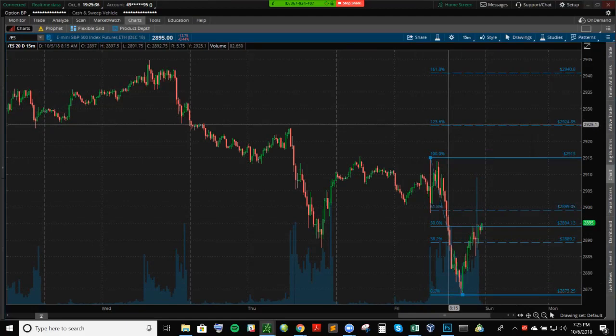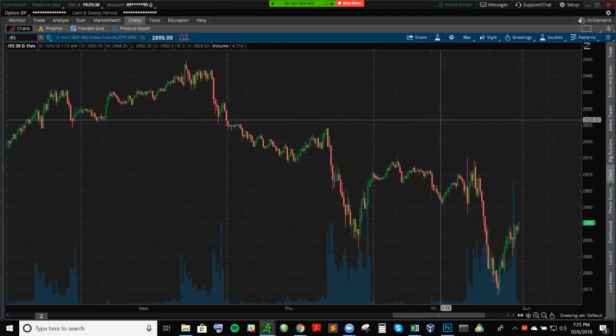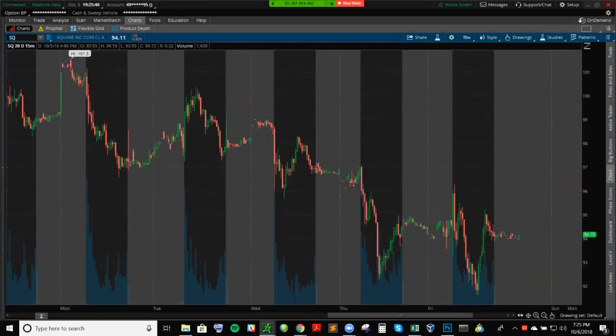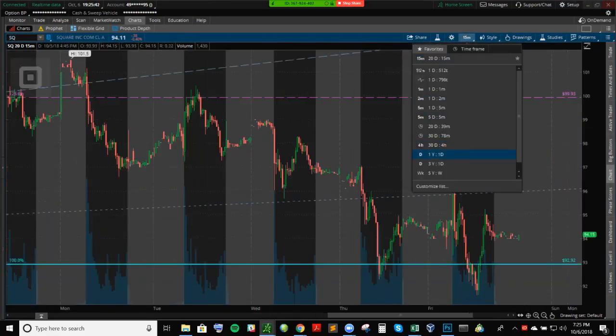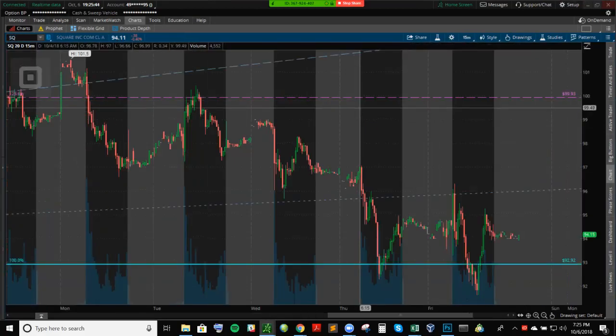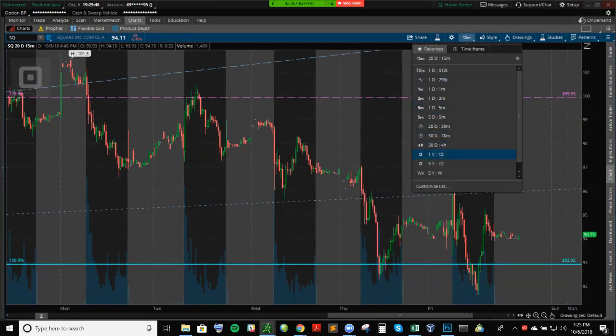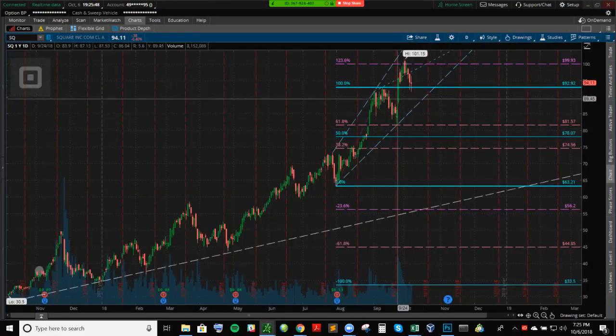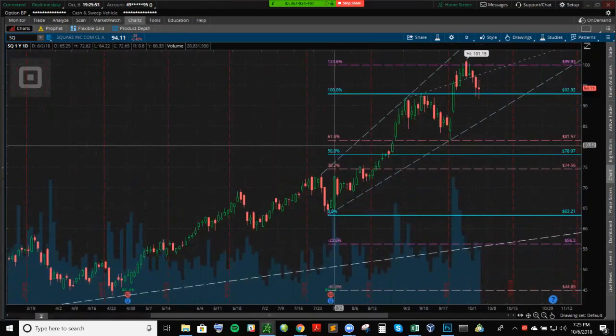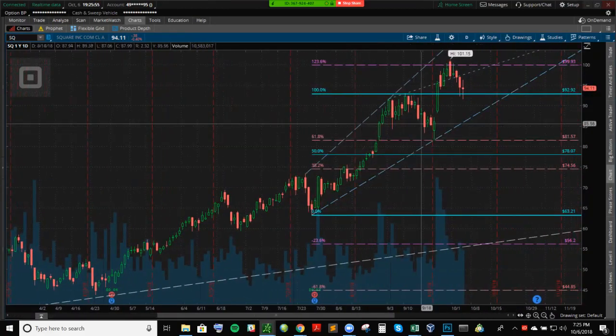Let me look at an equity that I was looking at the other day, Square, on the daily chart, because I use these fibs as well to identify daily targets when there's a push. This is actually interesting because I already have it up. So let me zoom in. Don't mind the trend lines.